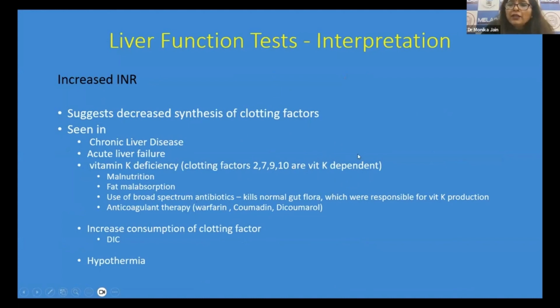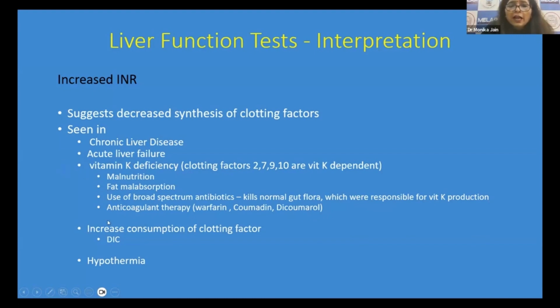So any condition in which vitamin K is reduced, like in malnutrition, fat malabsorption, use of broad spectrum antibiotics which kill the gut microbiota responsible for production of vitamin K. Patients who are on anticoagulant therapy like warfarin, Coumadin, dicumarol cause vitamin K deficiency, leading to an increase in INR.